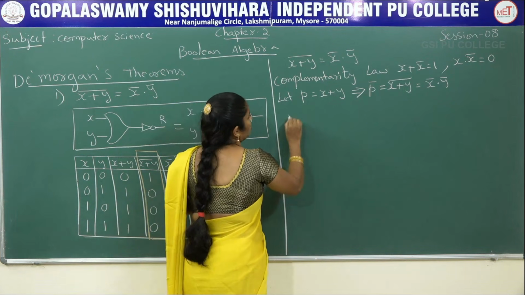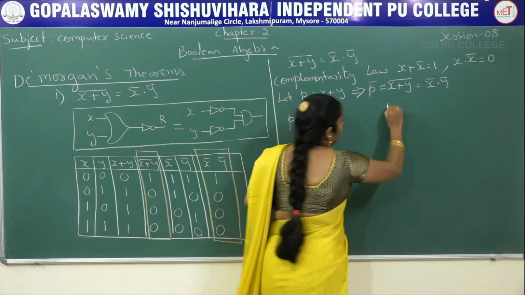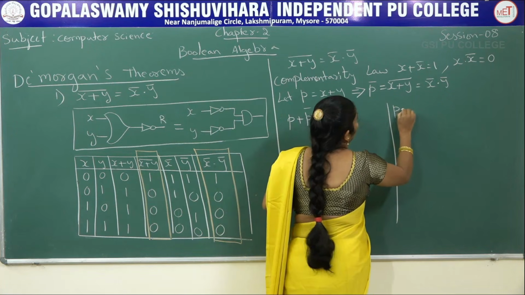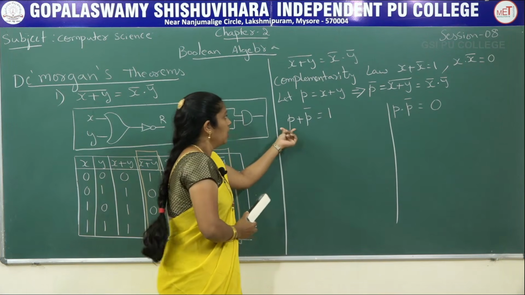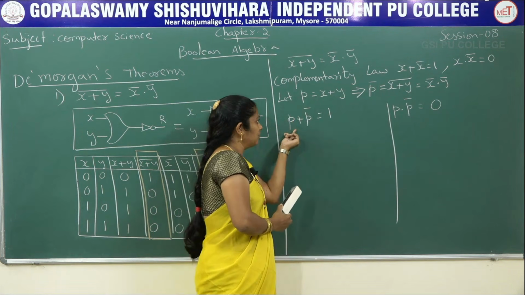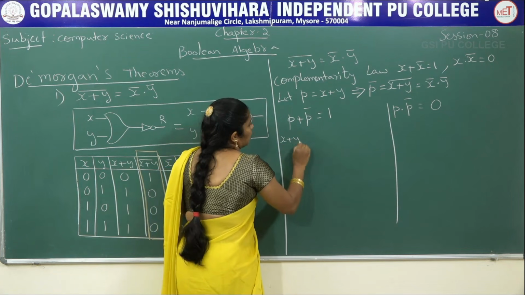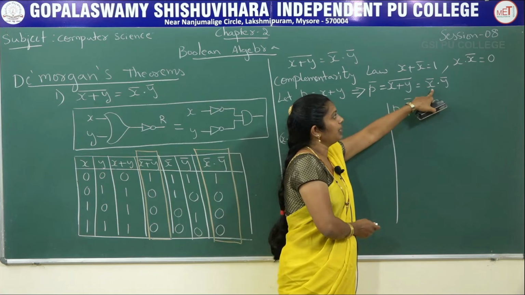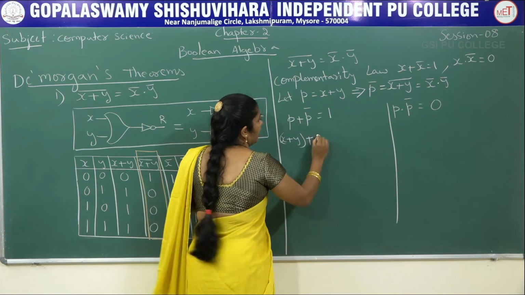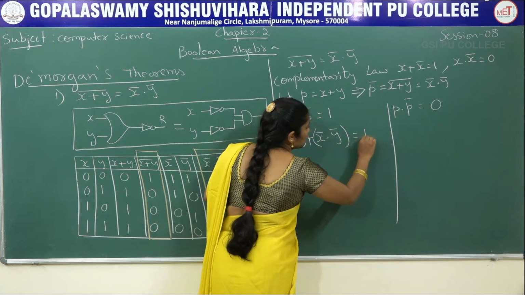Therefore now we have to prove P plus P bar equals 1, and another time we have to prove P into P bar equals 0. Now in the place of P, substitute x plus y. For P bar we have the output x bar into y bar, equals 1.